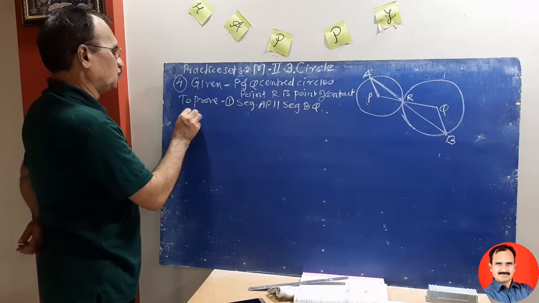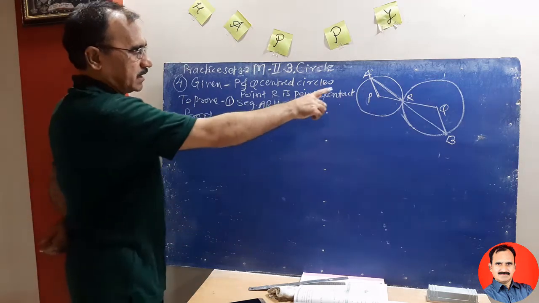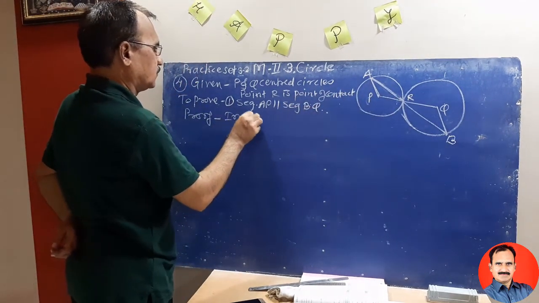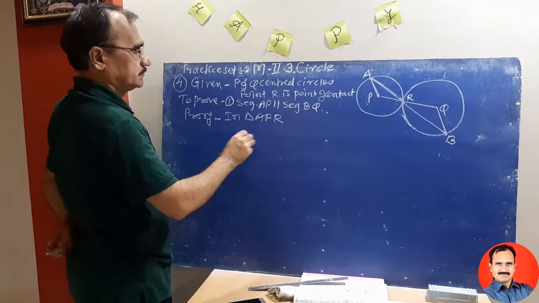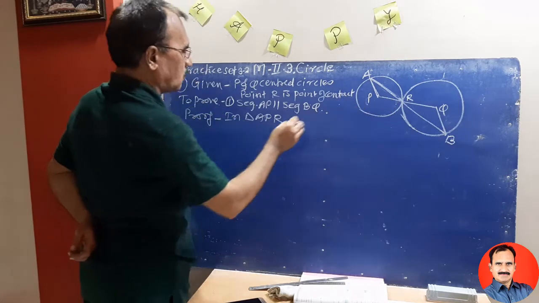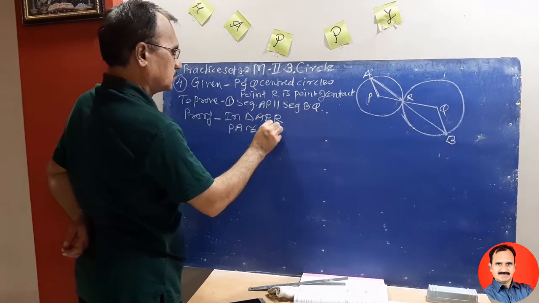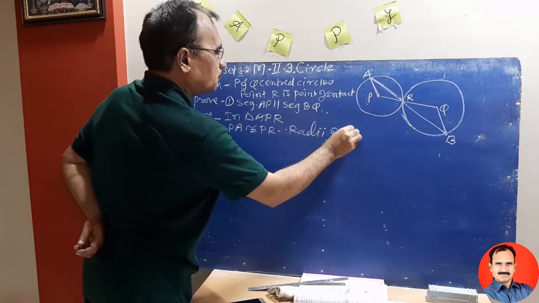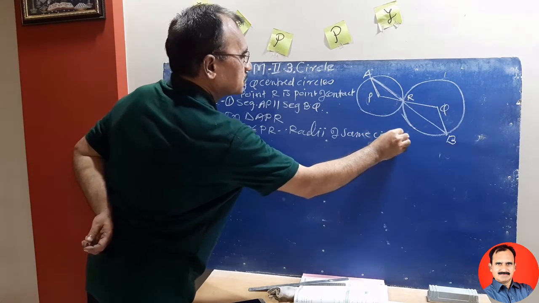Now the proof. In triangle APR, PA is congruent to PR, radii of the same circle.